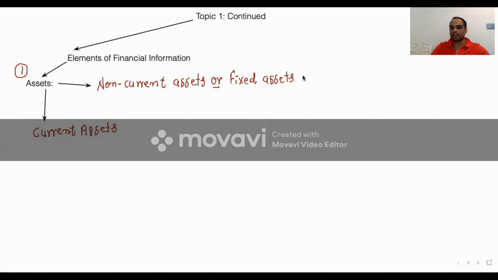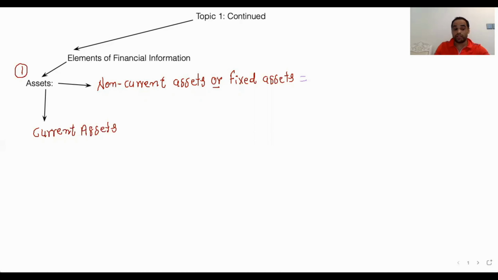So non-current assets are the assets that we cannot convert into cash quickly without losing significant value, right?